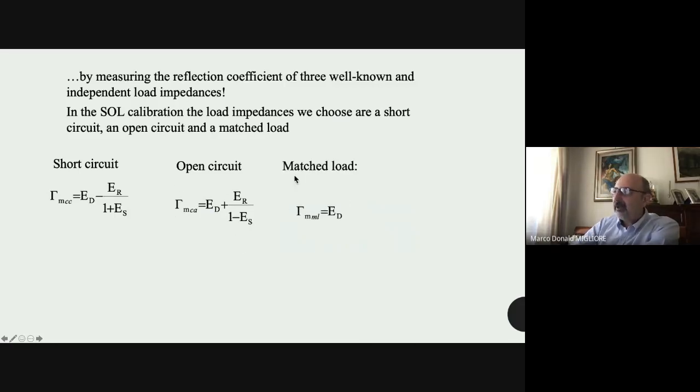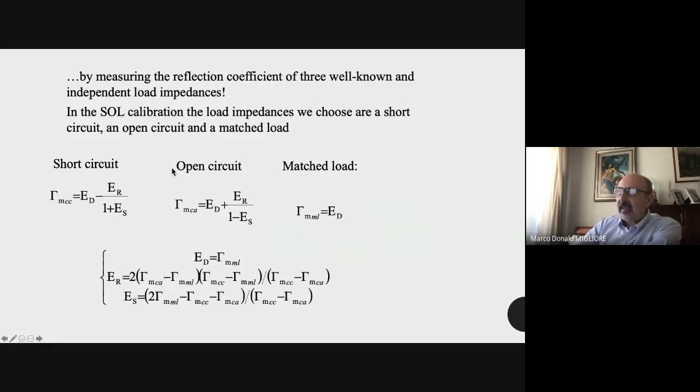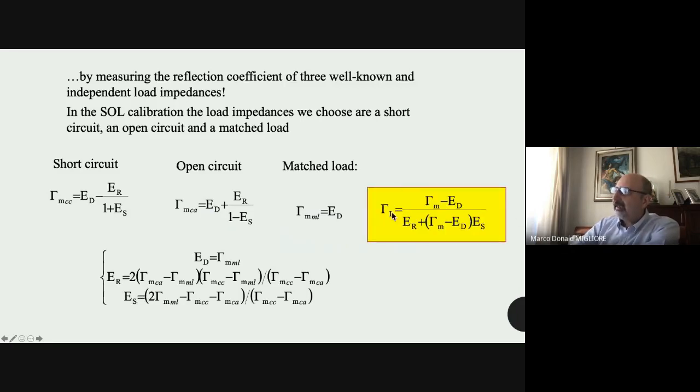Then we have a matched load, and we have a third equation. If the load is perfectly matched, the reflection coefficient is just the error directivity. And from these quantities, we can invert them. We can evaluate ED, ER, and ES. And from these quantities, we can estimate gamma L.